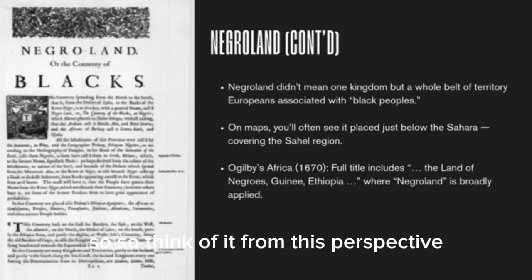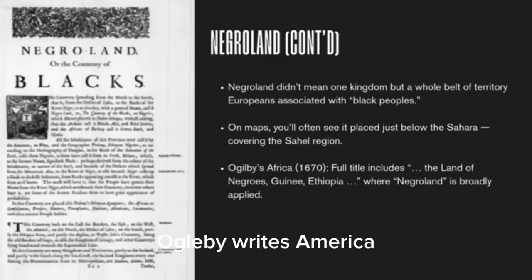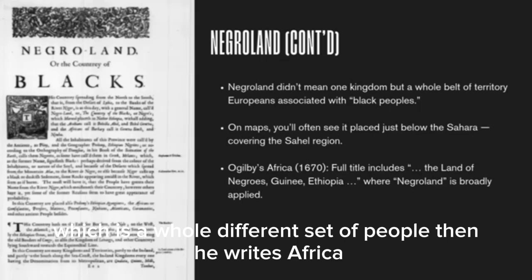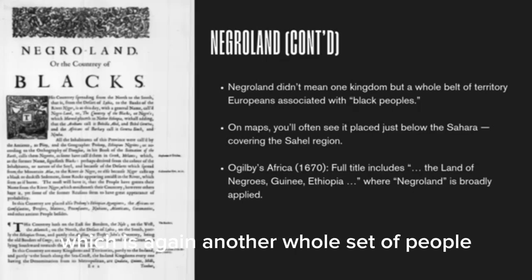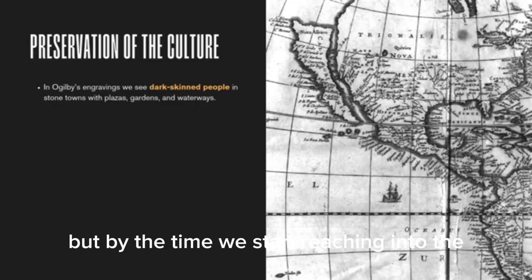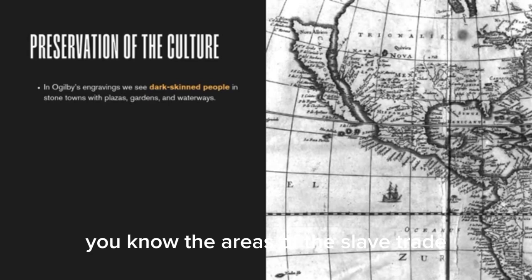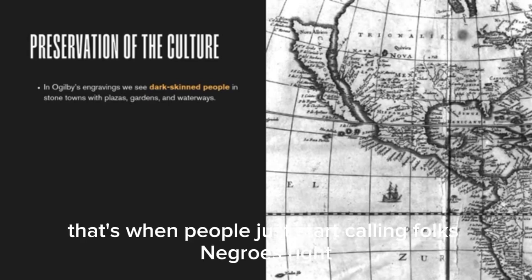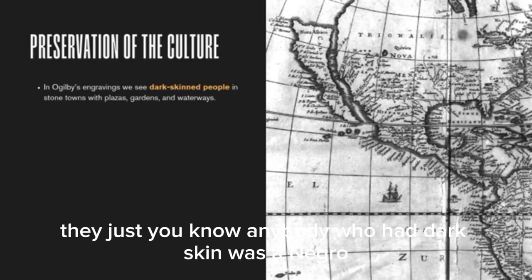So think of it from this perspective. Ogilby writes America, which is a whole different set of people. Then he writes Africa, which is again another whole set of people. But by the time we start reaching into the areas of the slave trade, that's when people just start calling folks Negroes, right? Anybody who had dark skin was a Negro.